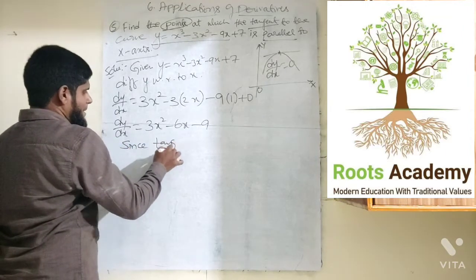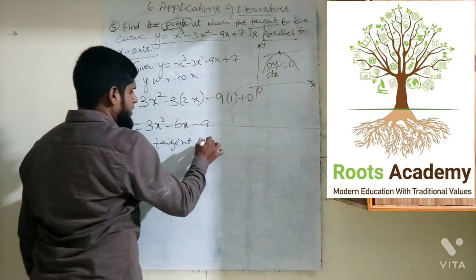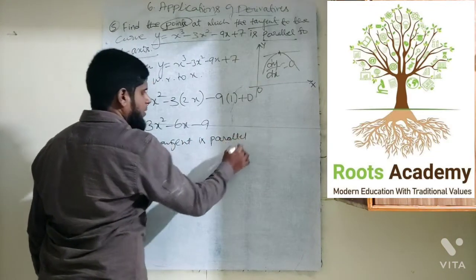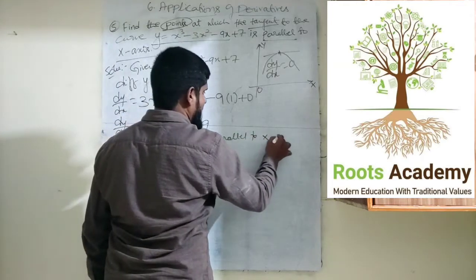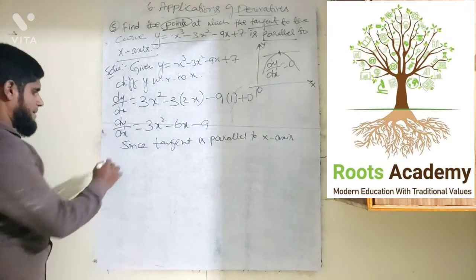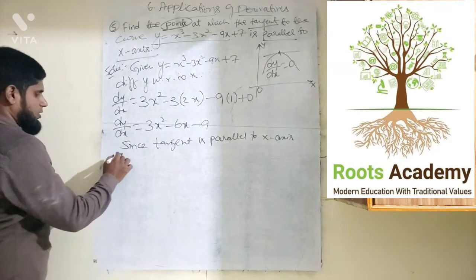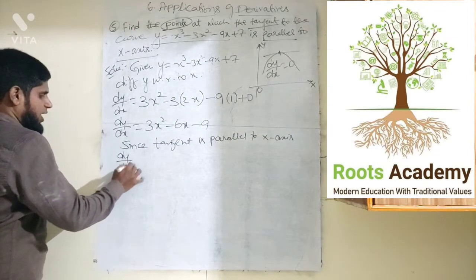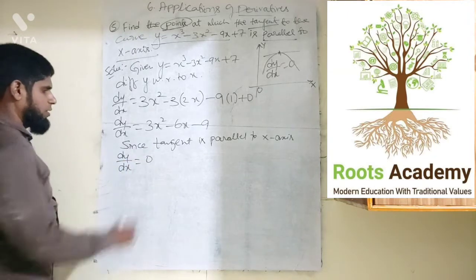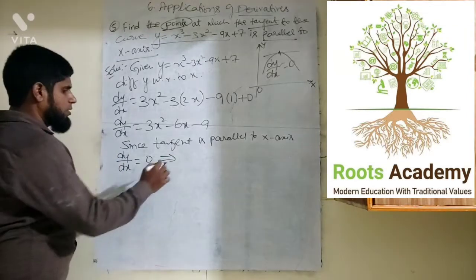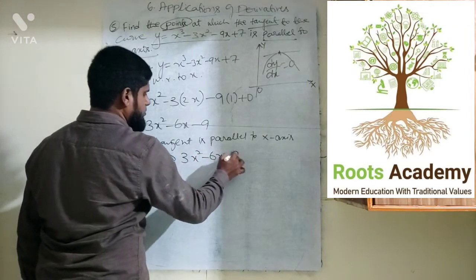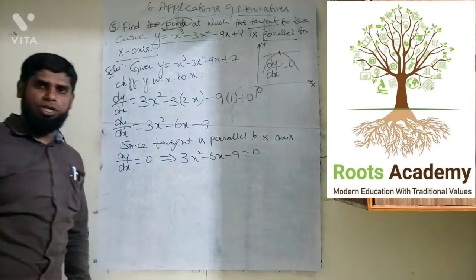Since tangent is parallel to x-axis, the slope of tangent, that is dy by dx, is 0. With this, we can take 3x square minus 6x minus 9 is 0.